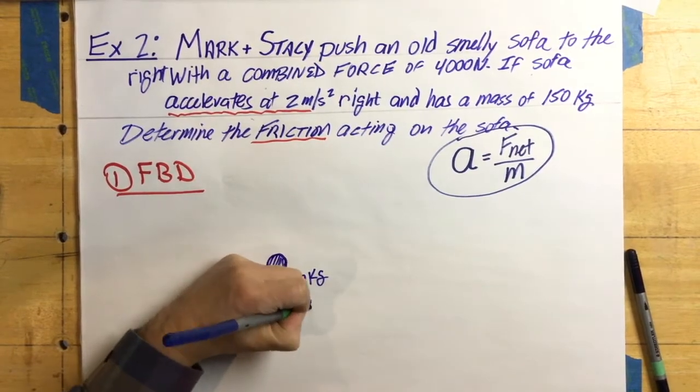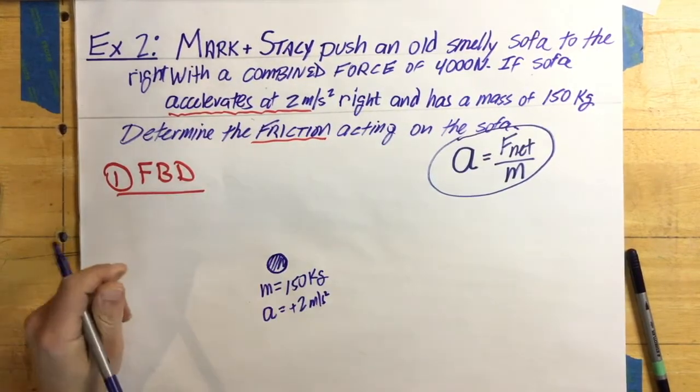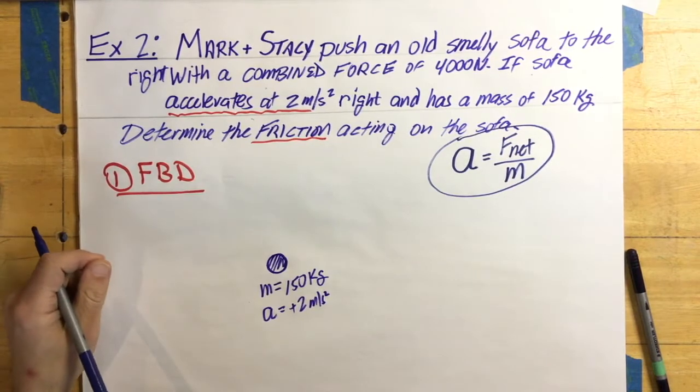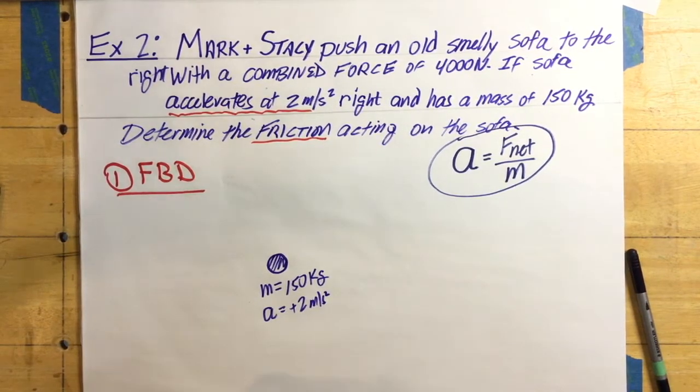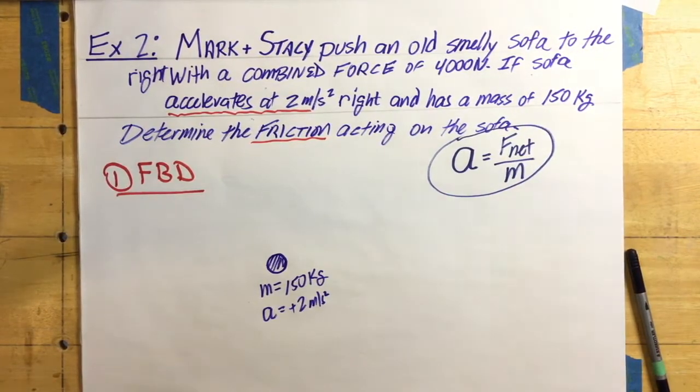I'm just going to say positive 2 meters per second squared because to the right for me is positive. And I added a direction in here just to make things easy for everybody. You can pick your direction as long as you have friction opposing the other way. This is just the way I chose to do this.